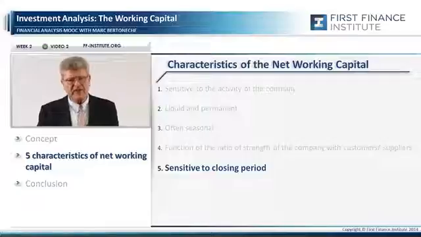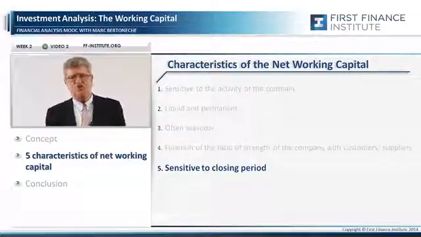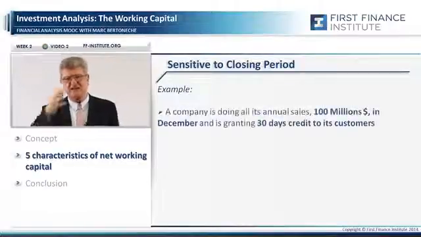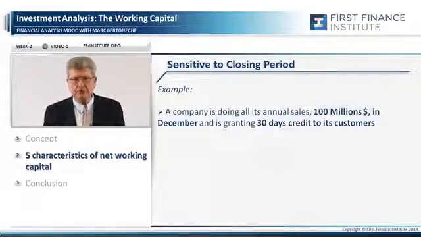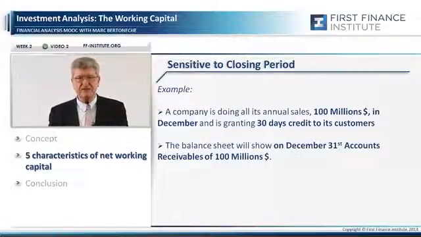The fifth and last characteristic of the working capital depends on also the accounting closing date. If you're a company making all its annual sales, let's say 100 million in December, and you are granting 30 days credit to your customers, your balance sheet will show on December 31st an accounts receivable of $100 million.